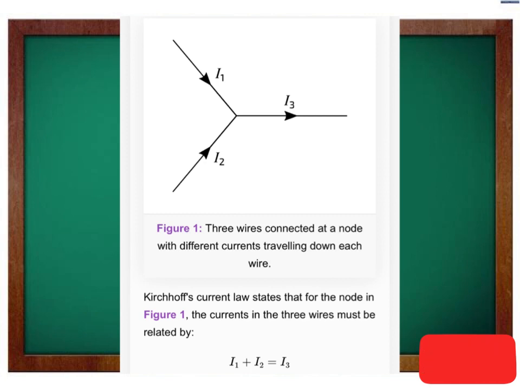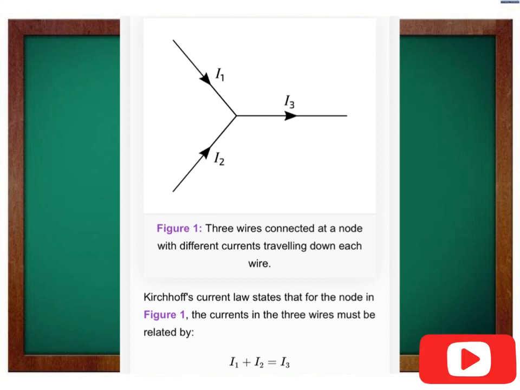You can see it from the arrows shown in the diagram. So what does our statement say? At any junction, the sum of the current entering the junction should equal the sum of current leaving the junction.